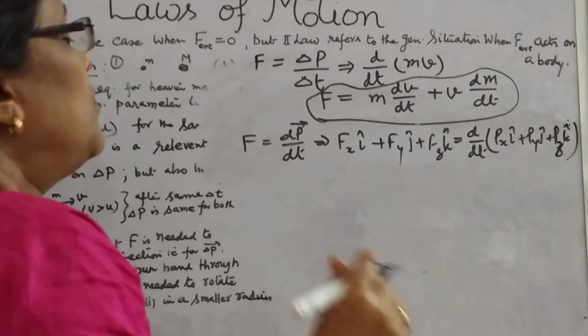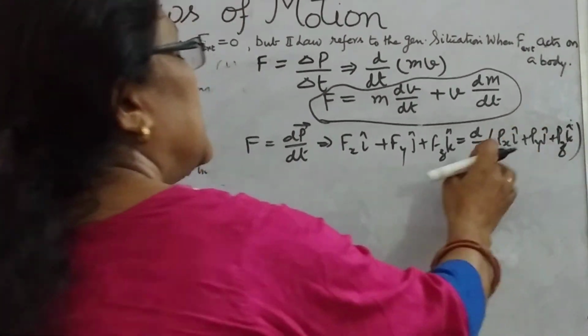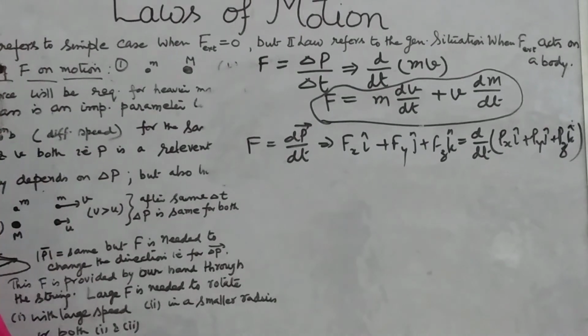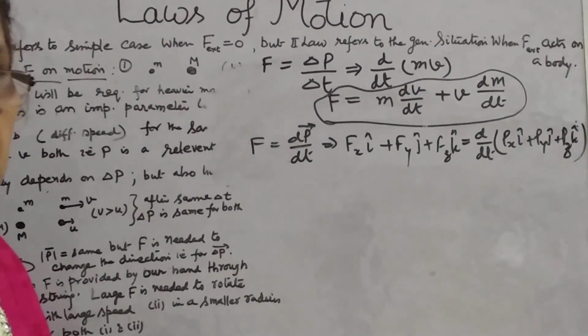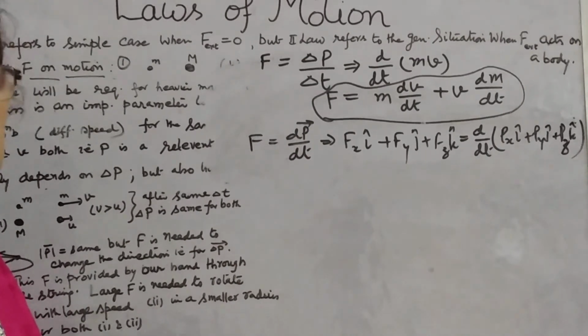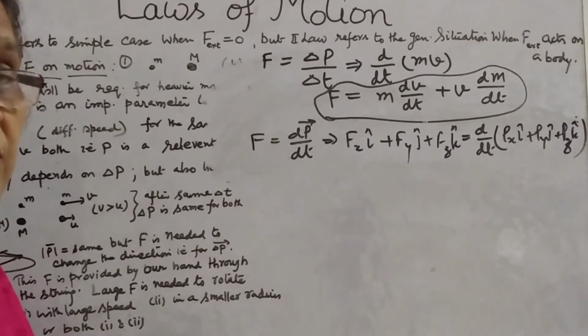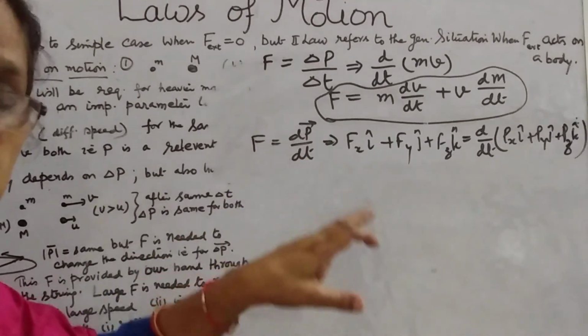And you know this px i, py j, pz k, and if you write the equation for an object in which you can take the condition that the mass of the object is constant, then what can you write? This force is ma.